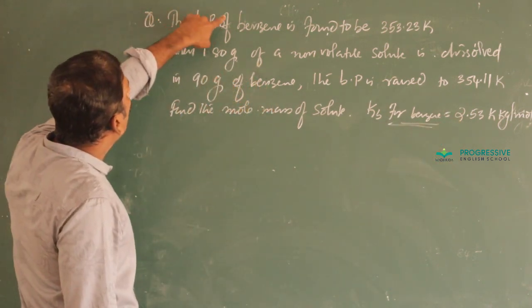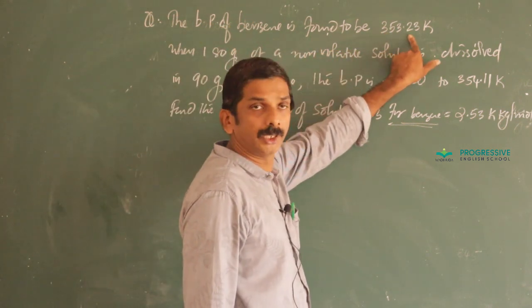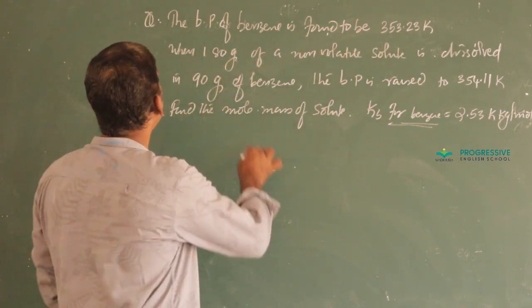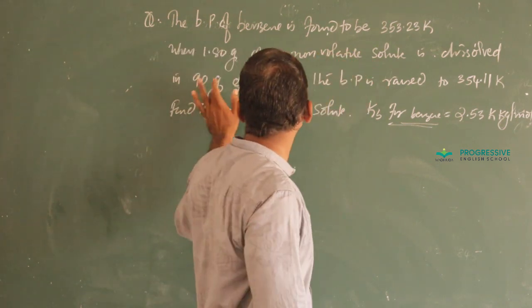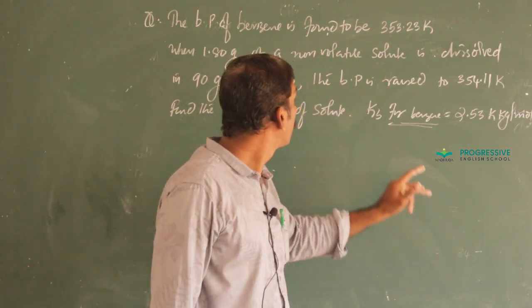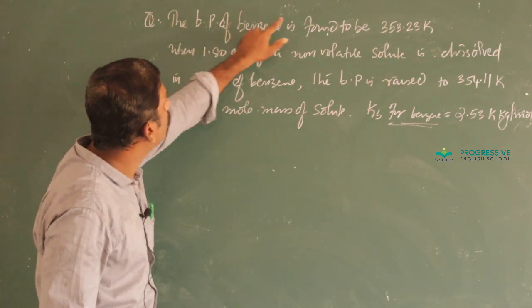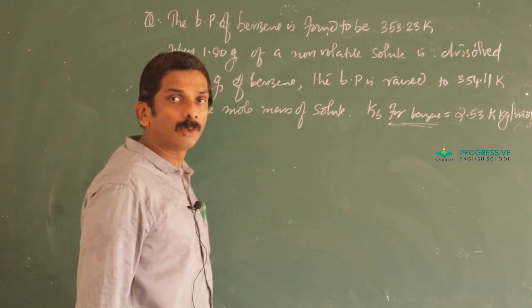Pure benzene is 353.23. When 1.80 gram of a non-volatile solute is dissolved in 90 gram of benzene, boiling point is raised. When non-volatile solute is added to pure solvent, boiling point increases, that is called elevation of boiling point.